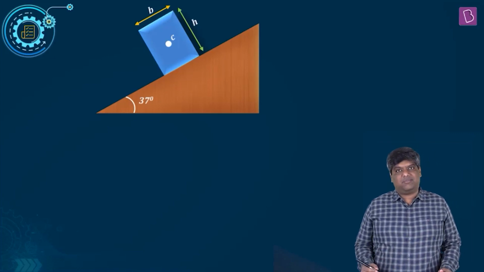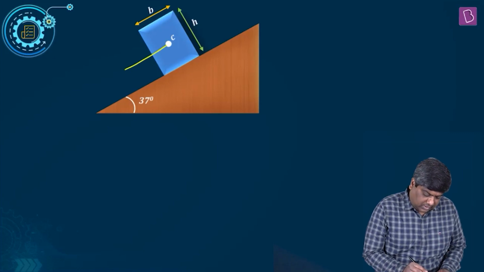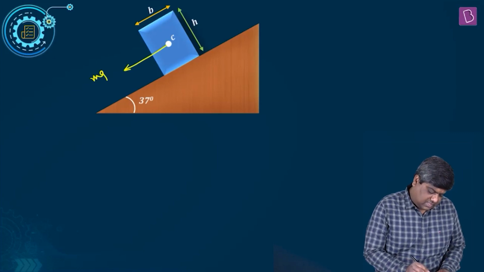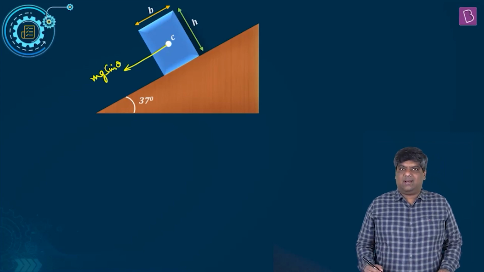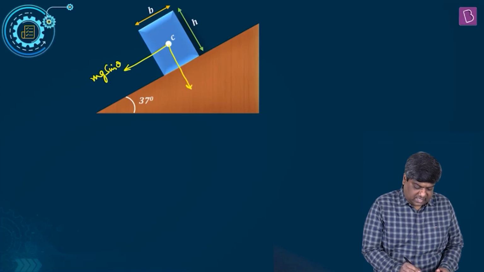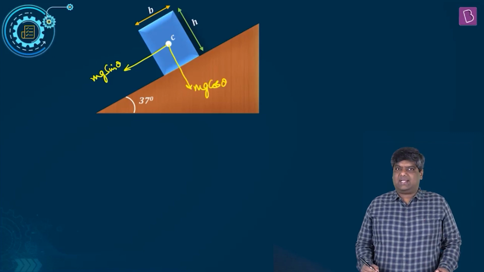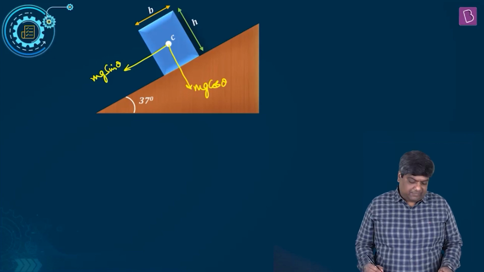Let us identify the forces acting on the block. Well, one component of mg, which is mg sine theta, is acting parallel to the incline. The other component, mg cos theta, is acting perpendicular to the incline.